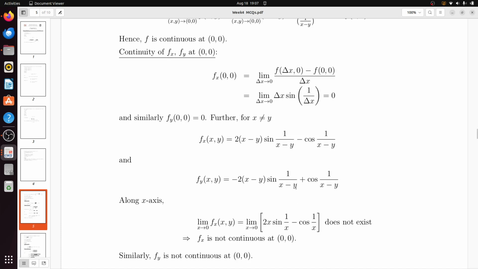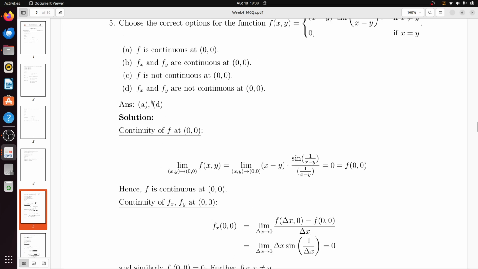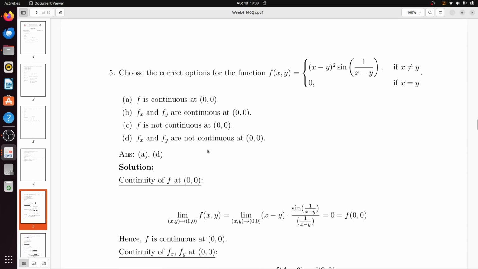Along the x axis, y equals 0, you put y equal to 0, so that becomes 2x into sine 1 by x minus cos 1 by x, and that limit does not exist. Similarly, you can prove fy is not continuous at (0,0). So this is correct: fx and fy are not continuous at (0,0). So we have already proven the continuity of f, and the discontinuity of fx and fy at the point (0,0) we have just now proved. Okay.